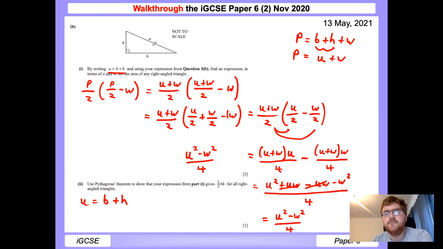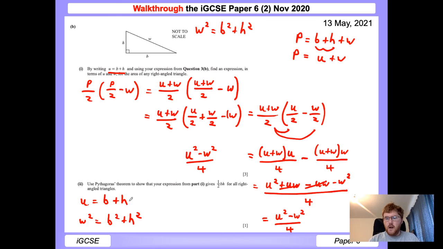However, we can use Pythagoras' theorem. So Pythagoras' theorem says that W squared is equal to B squared plus H squared. And notice we've got a squared in here, so actually we don't need to square root this. So we can leave this as W squared is equal to B squared plus H squared.